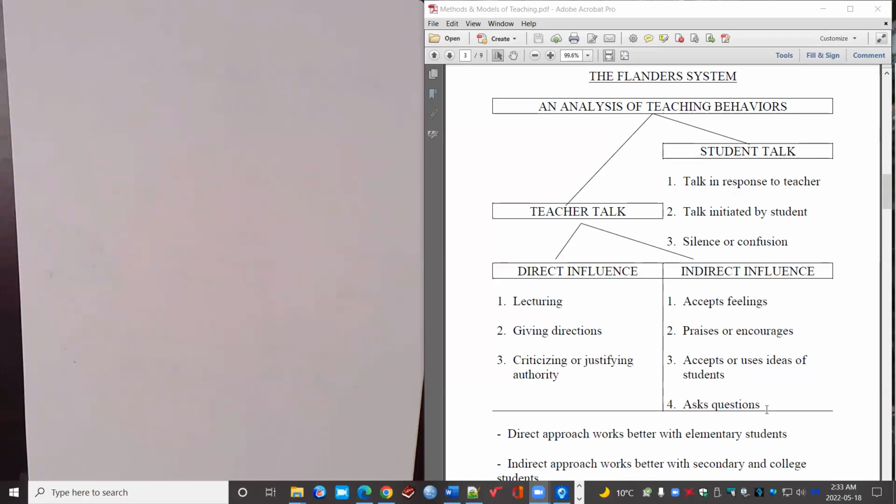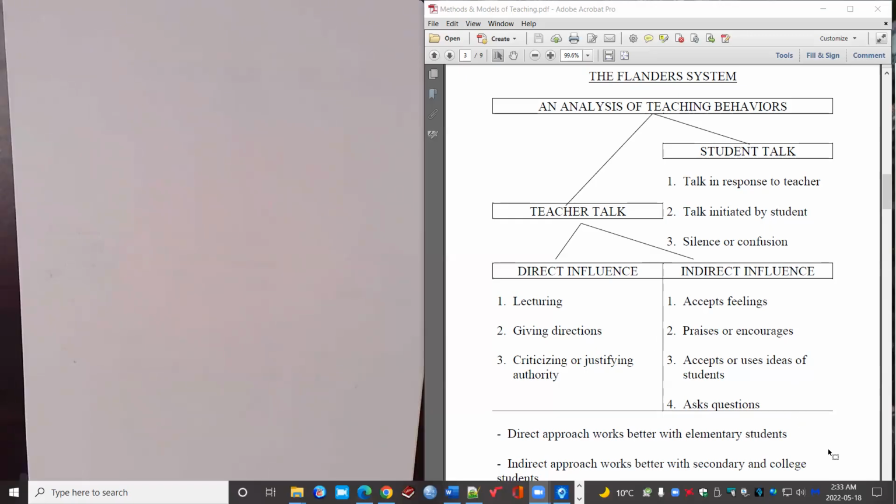Ask questions: the teacher asks questions about content or procedure with the intent that the student answers, right? So all these are categorized as indirect influence.